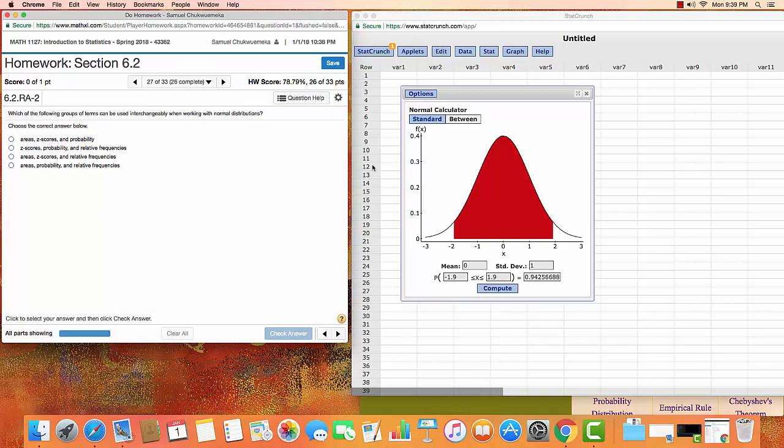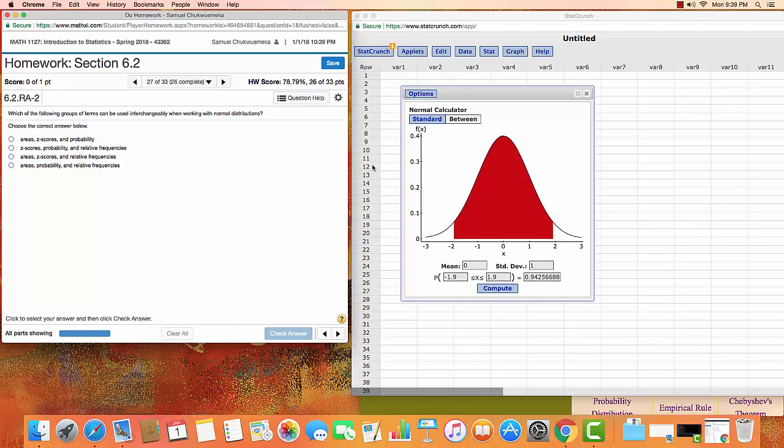Question 27. Which of the following groups of terms can be used interchangeably when working with normal distributions? Areas, probability, percentages can be used interchangeably. Option A, areas, z-scores, no, they are two different things.